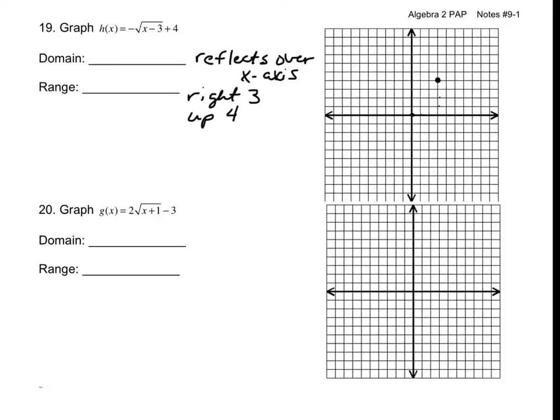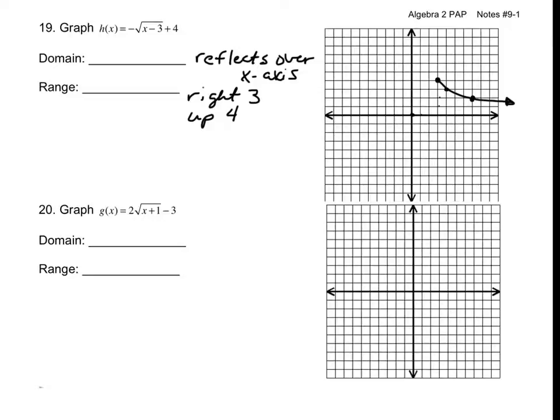Now we know it's a reflection over x, so instead of going up and to the right, it's going to go down and to the right. So from that starting point, we'll go over 1 and down 1, and then over 4 and down 2. And I can't get any more points than that on the graph, so I'm going to go ahead and draw my square root curve.